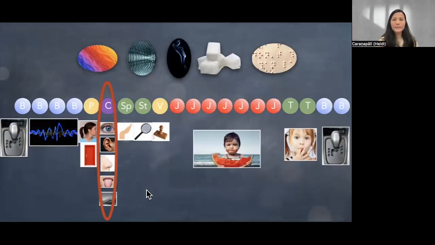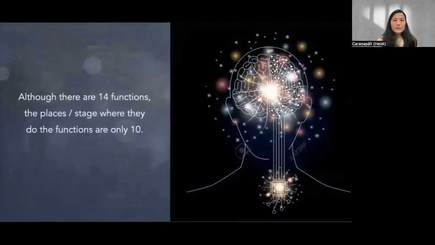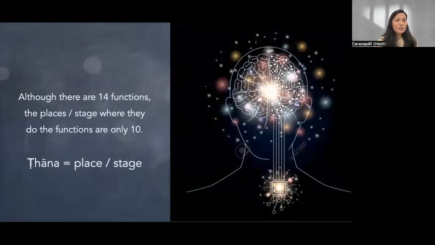Okay. So although there are 14 functions, the places or stages where they do the functions are only 10. This place or stage in Pali is called Thana. Function is called Kicha, and the place or stage is called Thana.